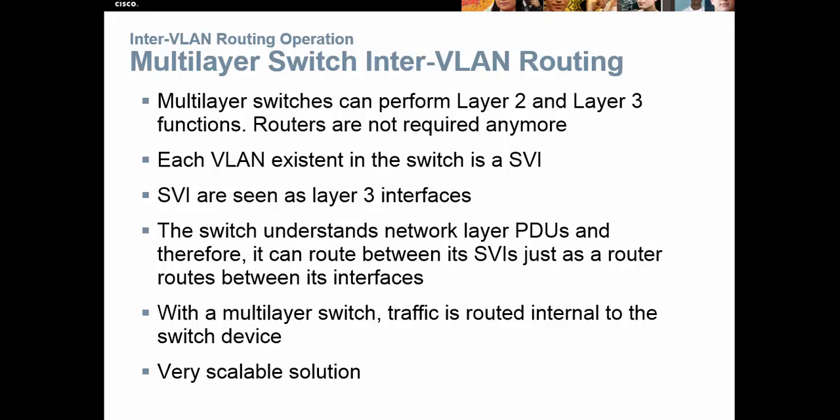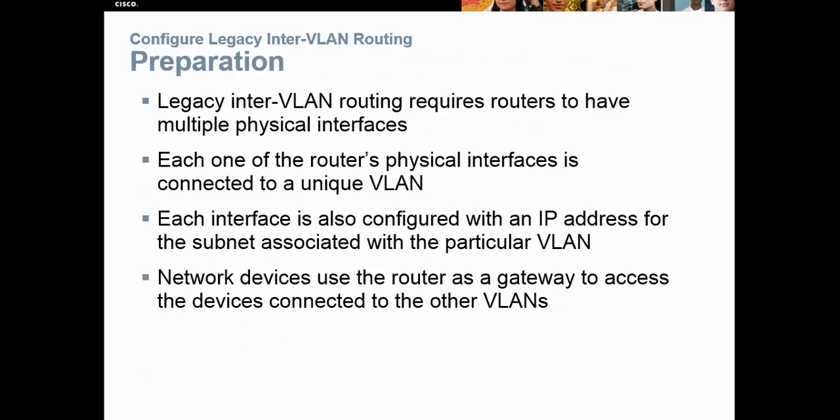So the layer 3 switch is taking on some of the roles of a router. With a multi-layer switch, traffic is routed internal to the switch device, and it's a very scalable solution. Think scalable, think saving money.